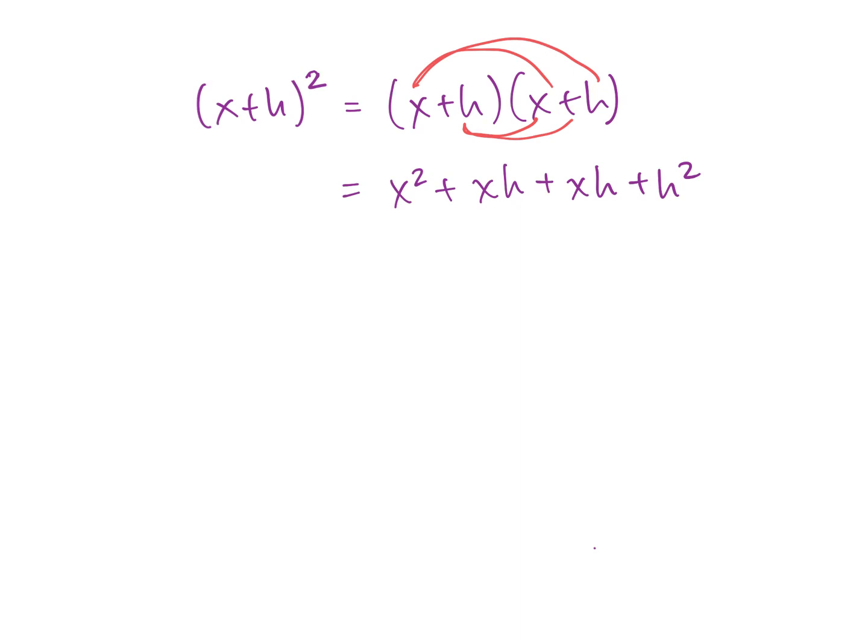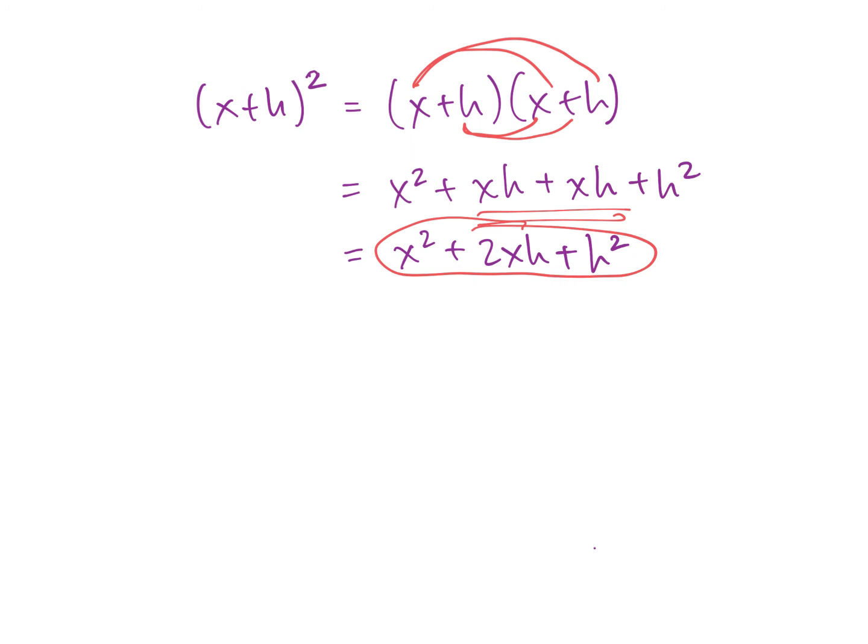I combine any like terms I have. Those two terms in the middle are like terms. So if I have one xh plus another xh, then I've got 1x squared plus 2xh's plus that h squared. So I'm going to take this thing, and I'm going to go back to where I was simplifying, and I'm going to plug that in.